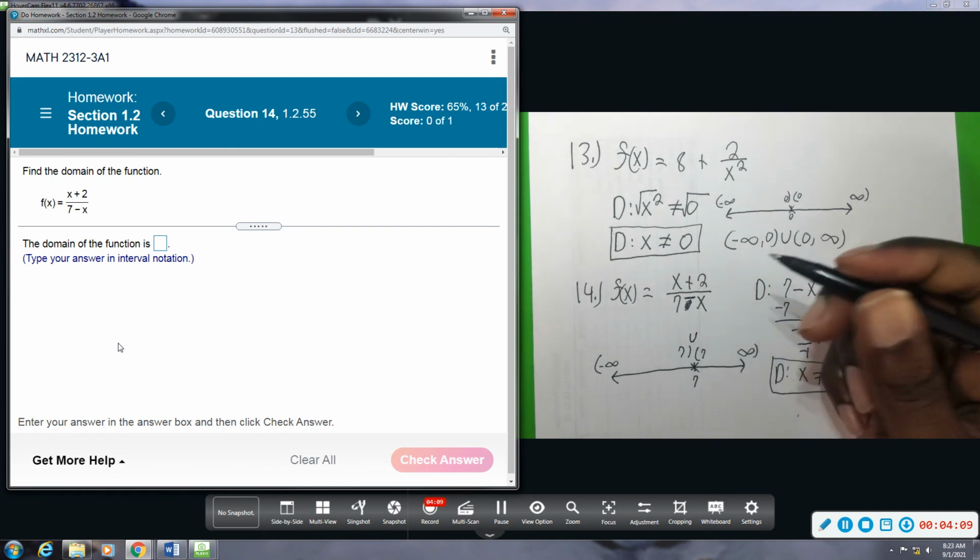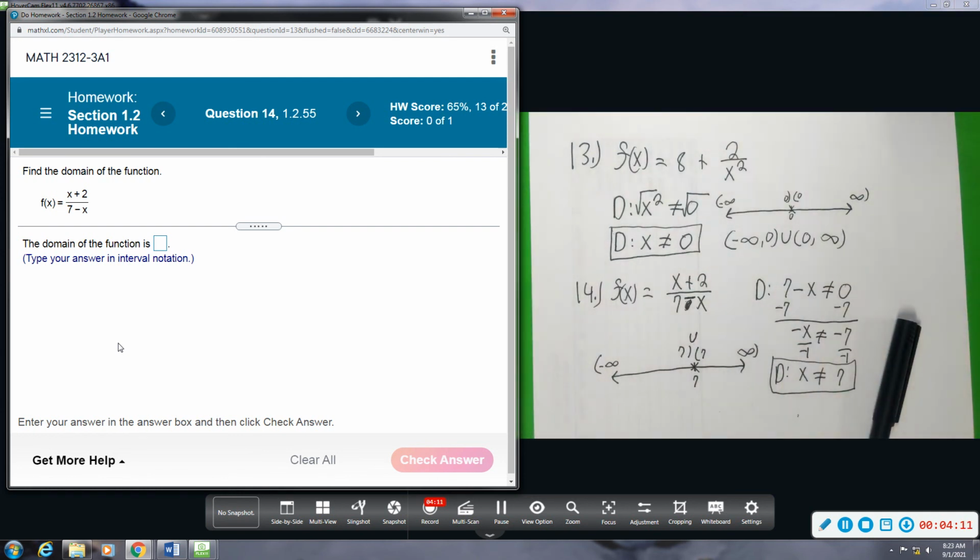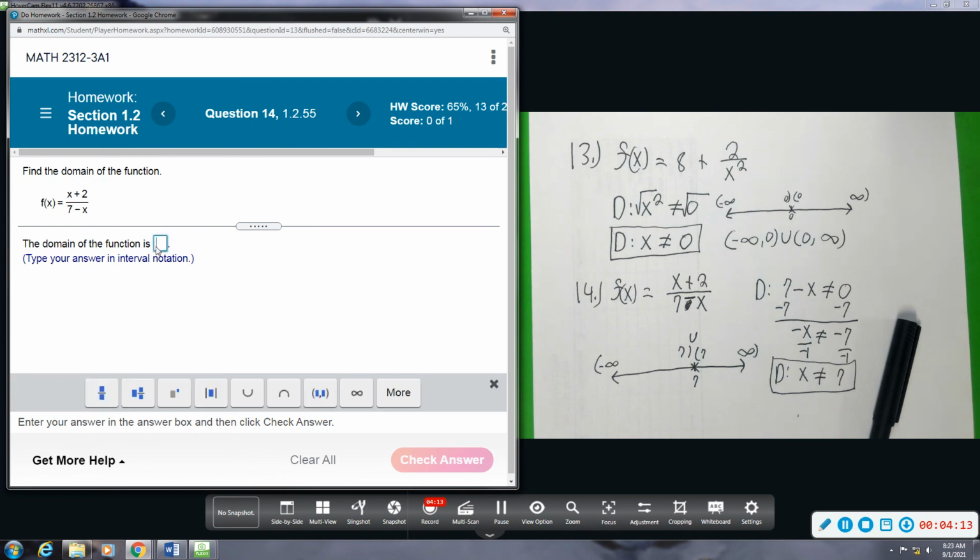Remember your union. You have to put both pieces together. Okay, so I'm going to input that. Negative infinity up to 7, and then union 7 to positive infinity.